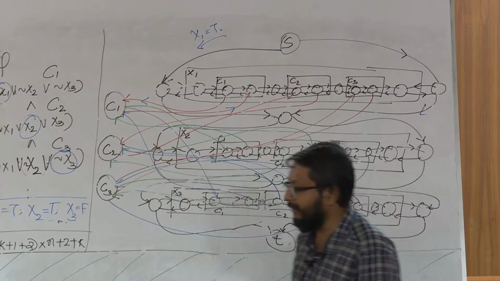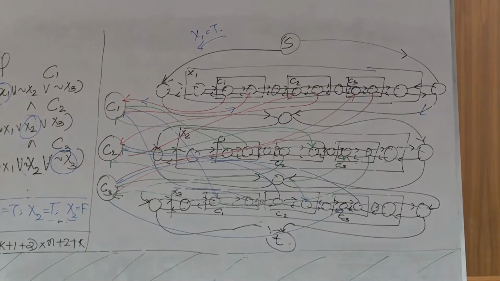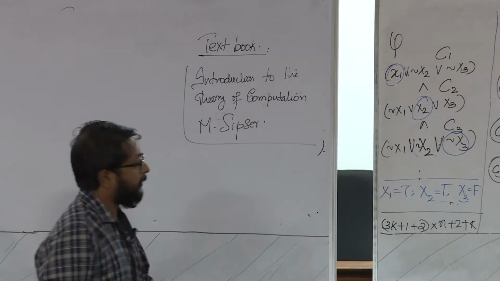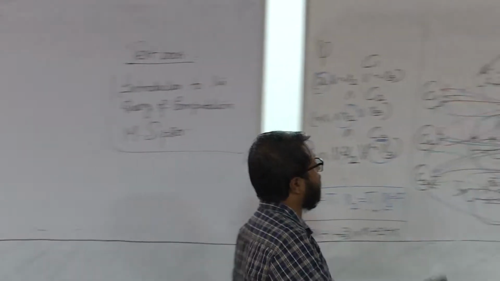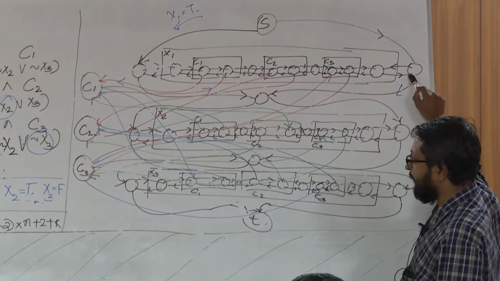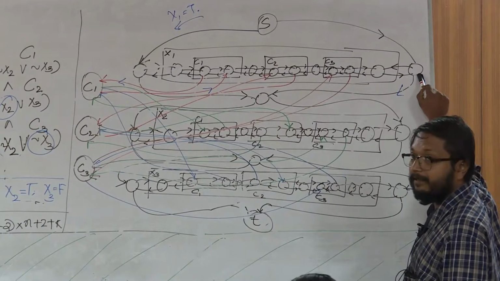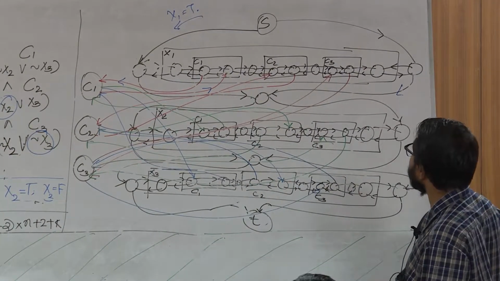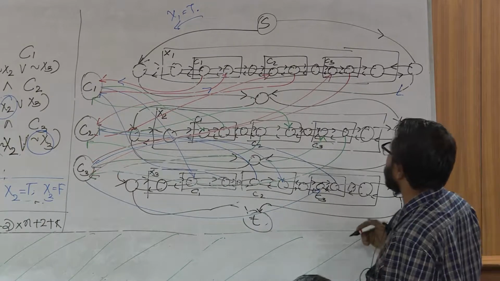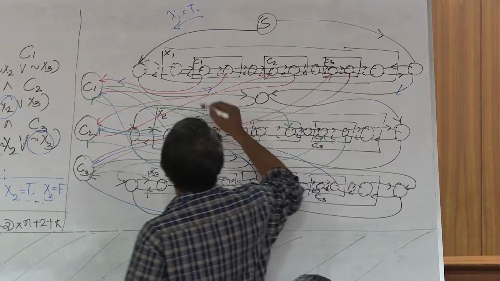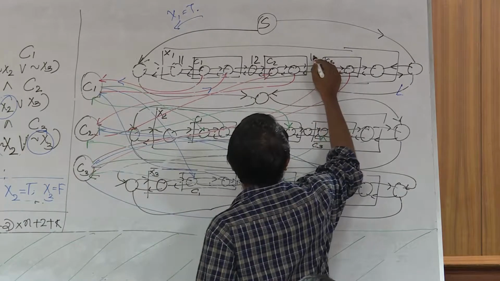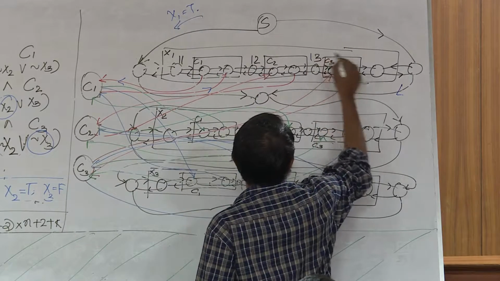So let's take a Hamiltonian path in this and try to argue. So give me a Hamiltonian path. You start from S. So I should put some vertex numbers, right? So this is 1 1, 1 2, 1 3 and 1 4.